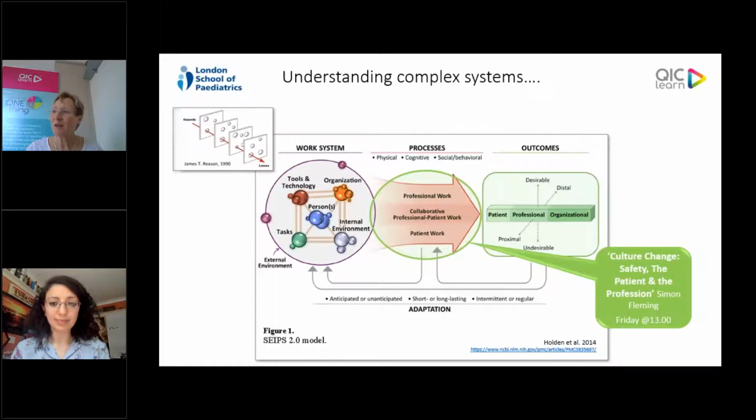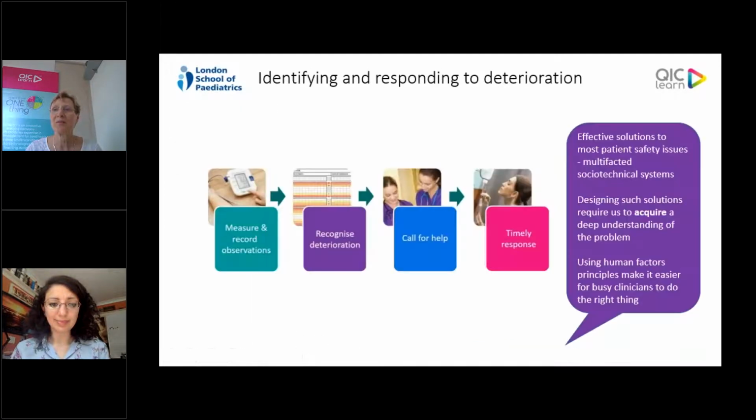So Simon Fleming is going to be talking, the time has changed now to Friday, on culture change, safety, the patient and the profession. And that really covers this part of translation between what happens between individuals and what happens when that plays out through the work processes in order to deliver the care that you deliver. So this is a great model to begin to think about.